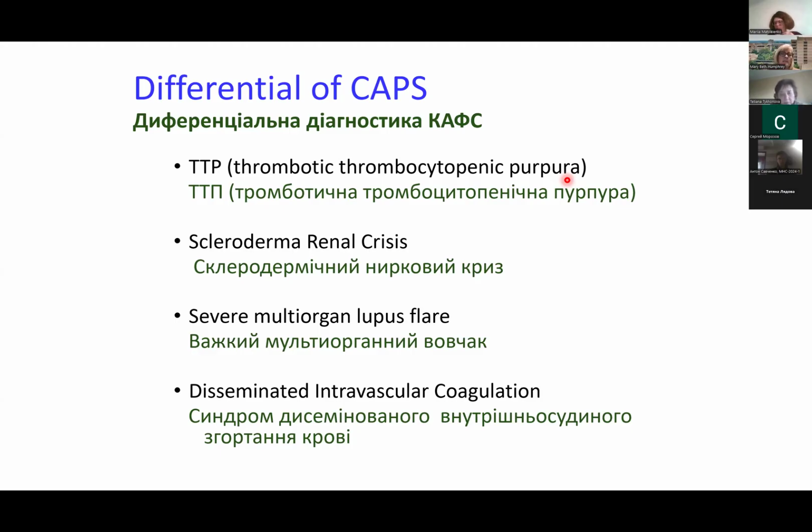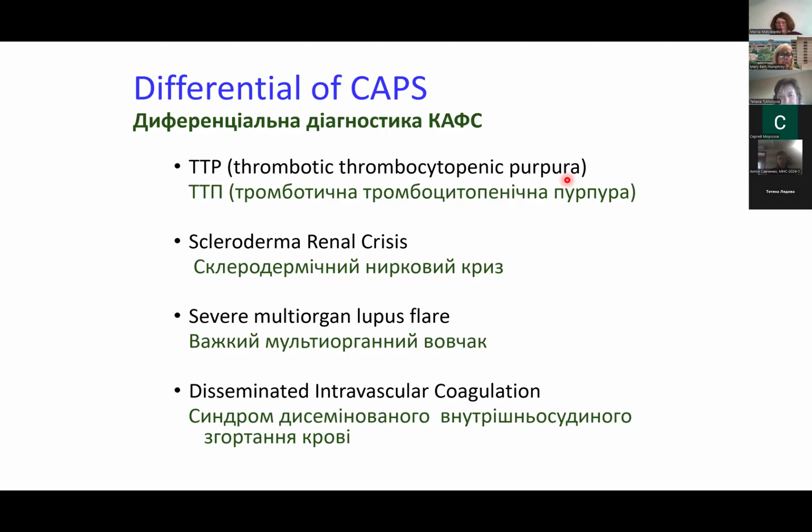Sclerodermal renal crisis can look like CAPS. But again, what would give that away is it's a patient with scleroderma. They have to have some findings of scleroderma to have sclerodermal renal crisis. Severe multi-organ lupus flare can look just like CAPS, and there we would be treating more for immunosuppression than with anticoagulation.